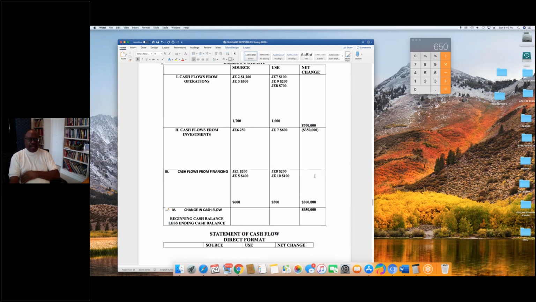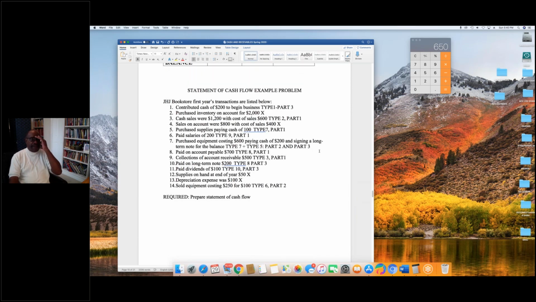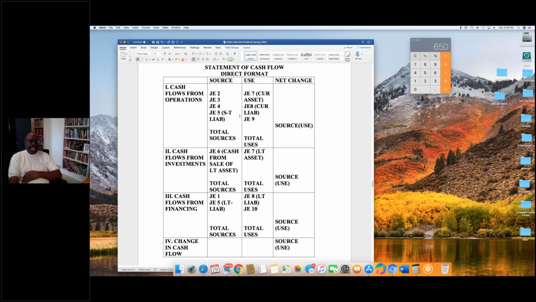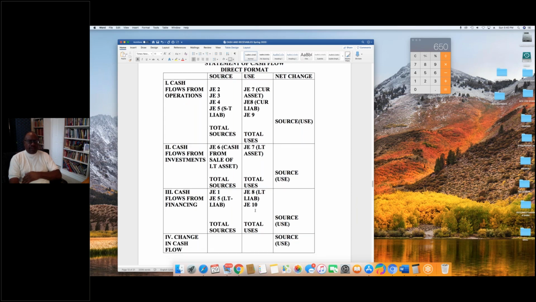So this is how we do a cash flow statement. And as you practice on these, you'll be able to do them. You look at the transactions, you X out the ones that do not involve cash. And then for the ones that do involve cash, you place it on that statement where you got the template that tells you where each journal entry type goes from 1 through 10, which is all we're working with here.